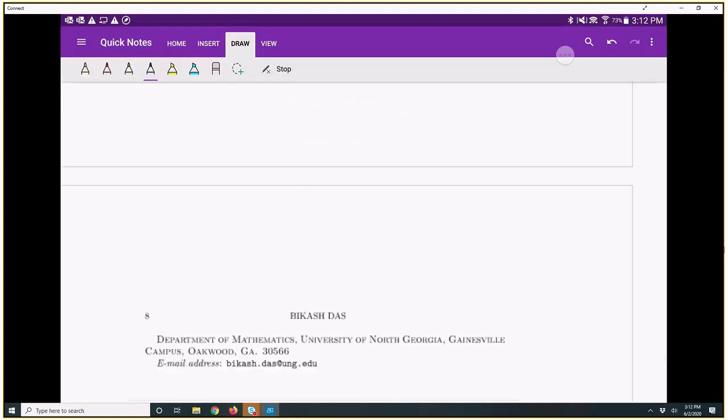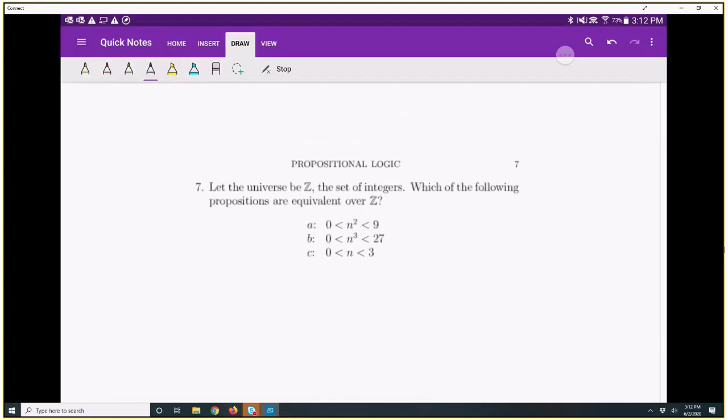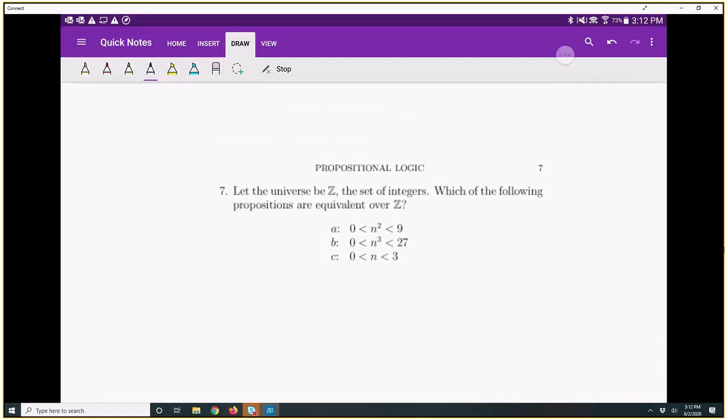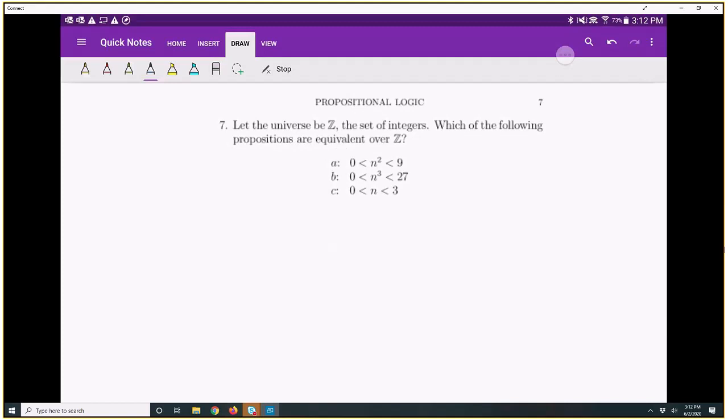All right, finally, let's take our universe to be the set of integers, script Z. Which of the following propositions are equivalent over the universe of integers? Well, it might help if we knew their truth sets.